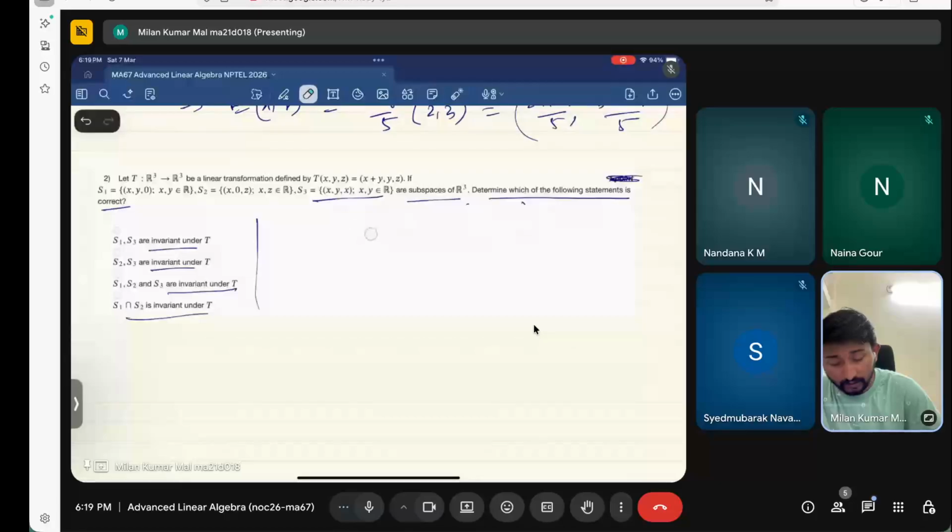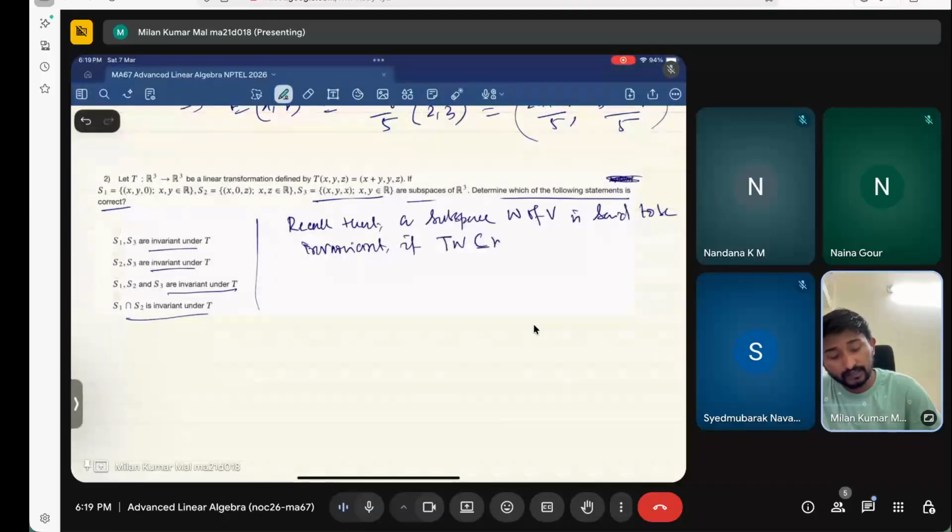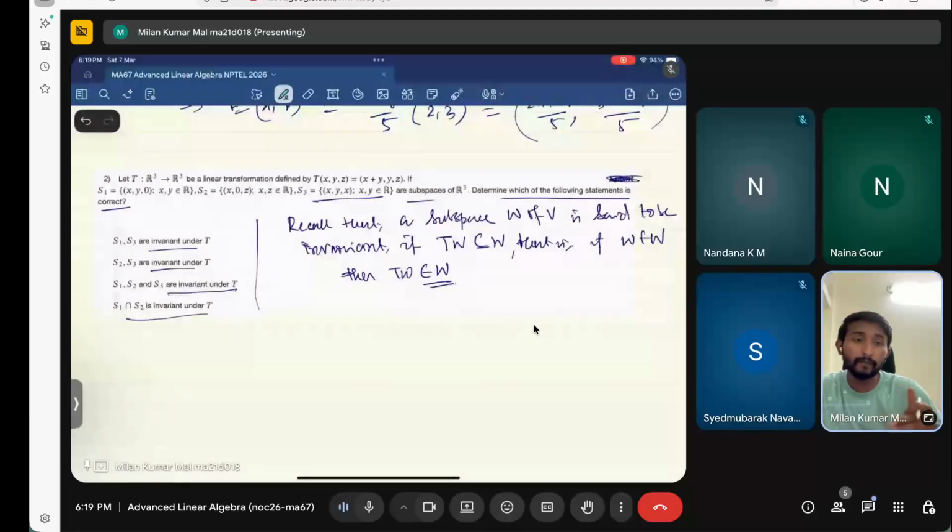Recall that a subspace W of V is said to be invariant if T(W) is a subset of W. That is, if w is in W, then T(w) should be in W. That means it will map every element in W again to an element in W. This is what is meant by an invariant subspace.